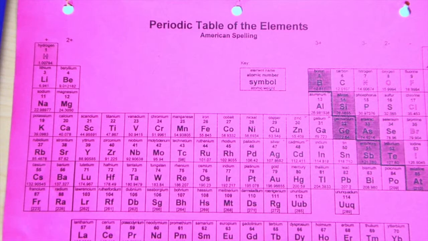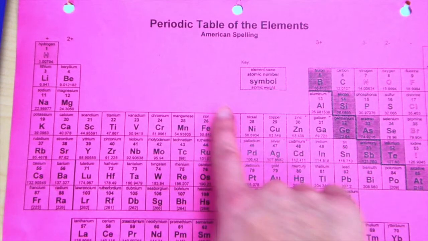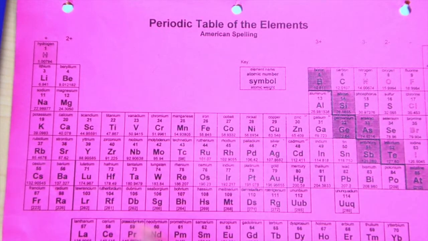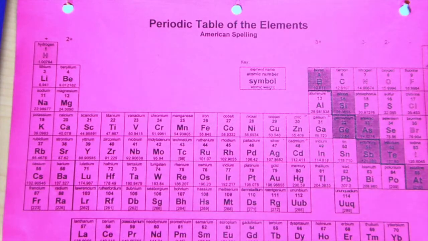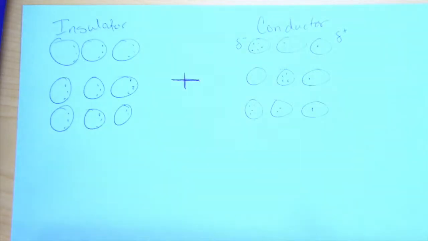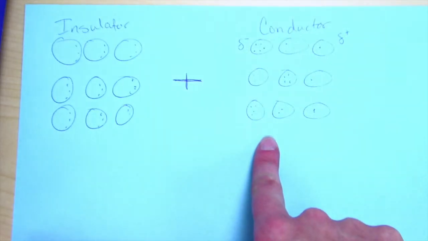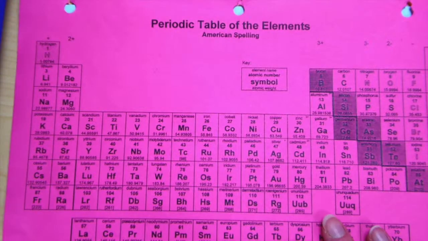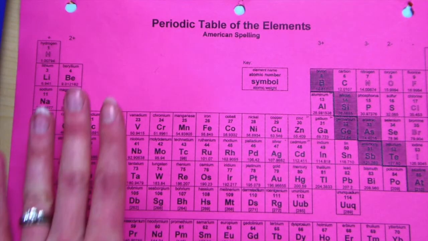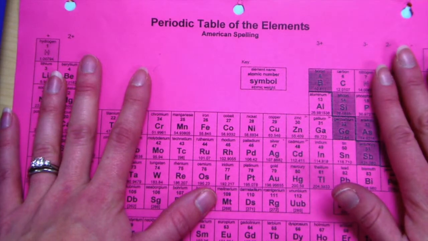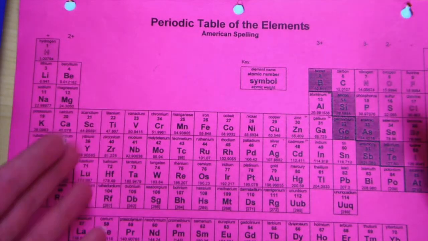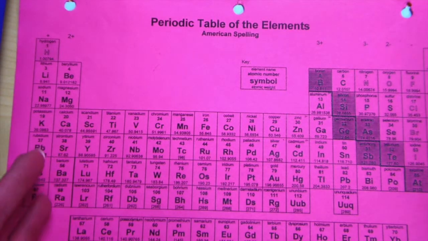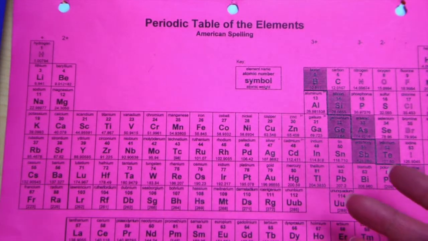So if we reference our periodic table, we will notice that things that are in here in the middle are metals, and they tend to be very conductive. And they are conductive for this reason, where we have electrons that are able to move. If we look at compounds that contain a piece from this side and a piece from this side, they tend to be conductive in liquid, meaning that they have a charge, but they need the liquid state to allow those charges to move.